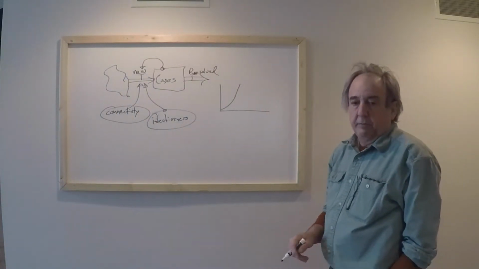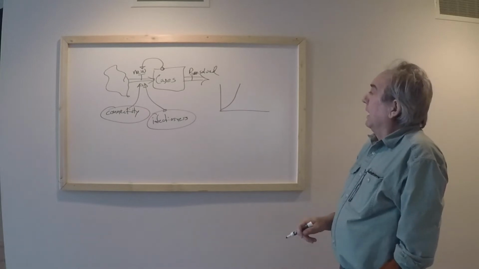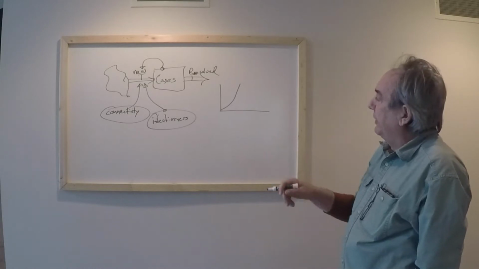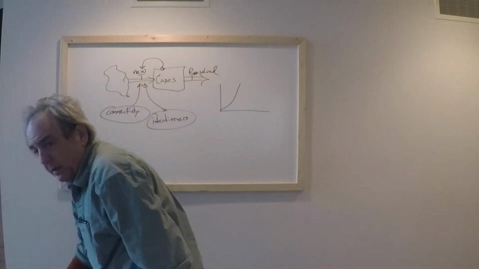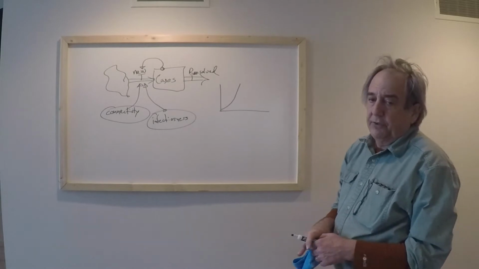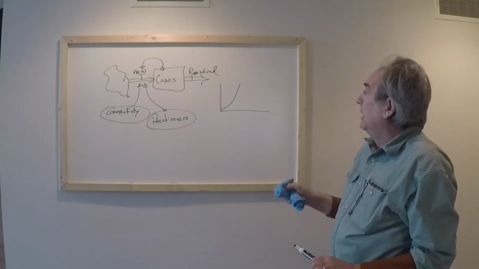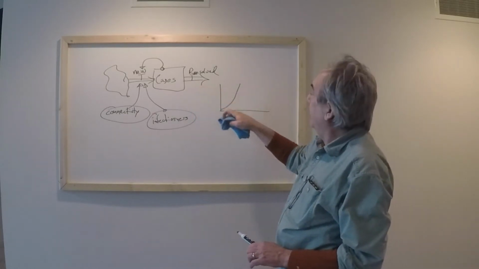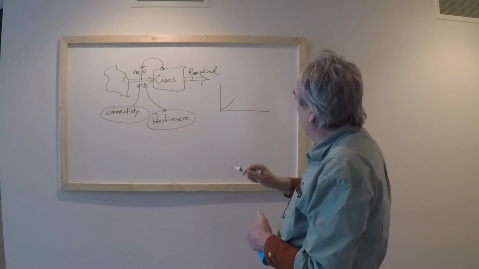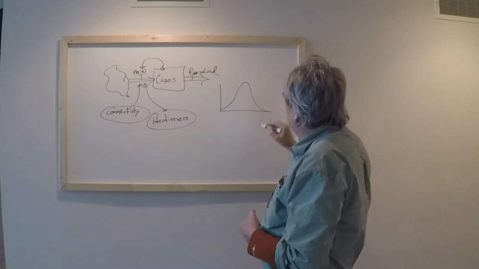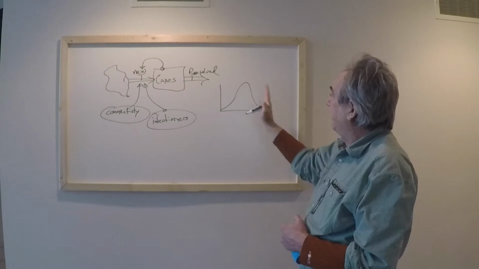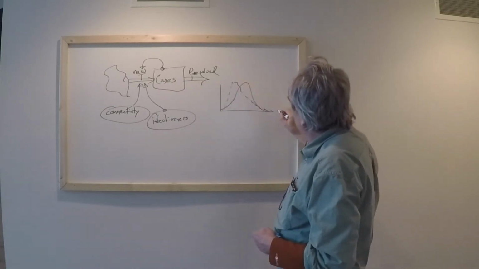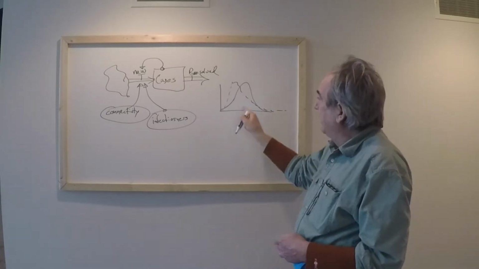Might have to adjust my space here, but in the case of a disease like COVID-19, where there is some, we're not sure how much, immunity in this part, we have a curve that does something like that. It tends to have a little longer tail, perhaps. But it does something like that.